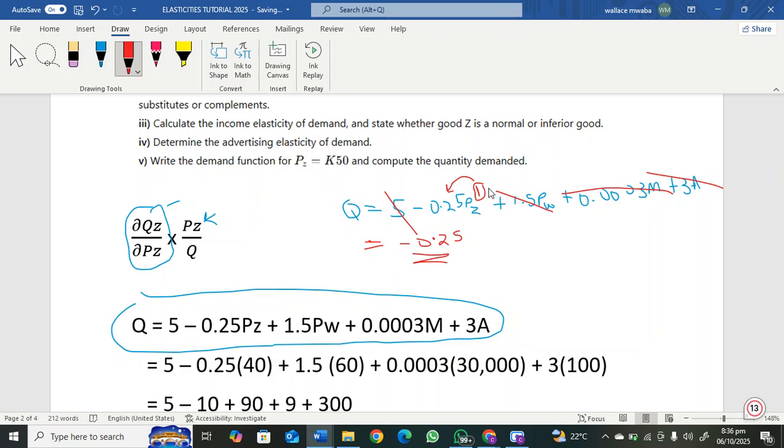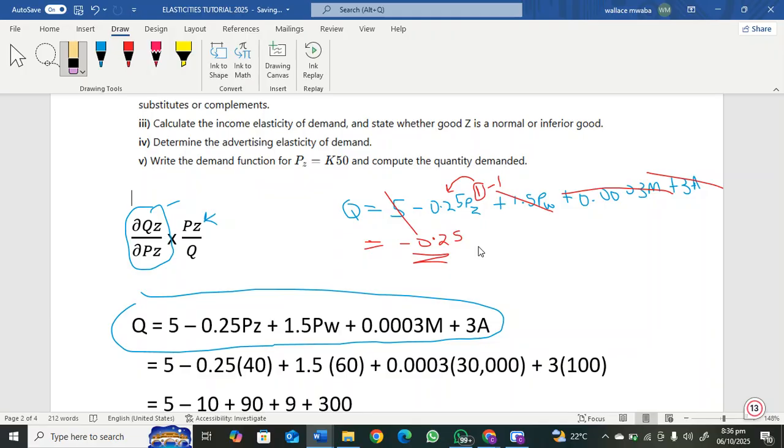Then you subtract 1 from the exponent. 1 minus 1, that is 0. So you end up with negative 0.25 PZ to the power 0. Any number to the power 0 is the same as 1. So that's why we ignore this one and just leave our answer like that. Okay, that's how you derive.